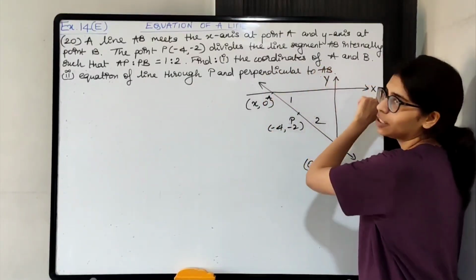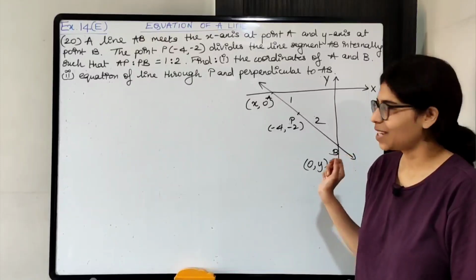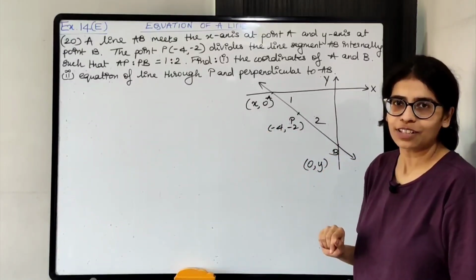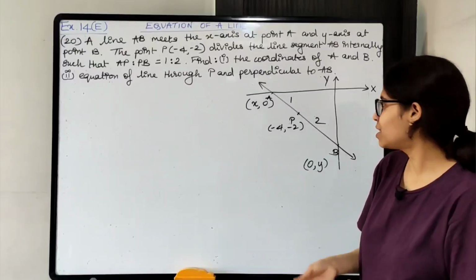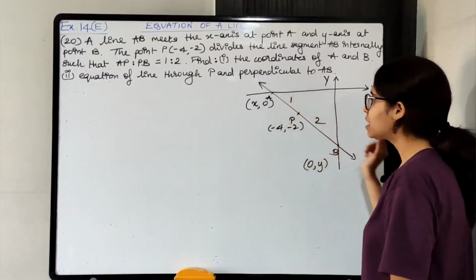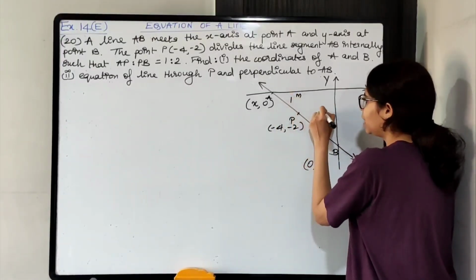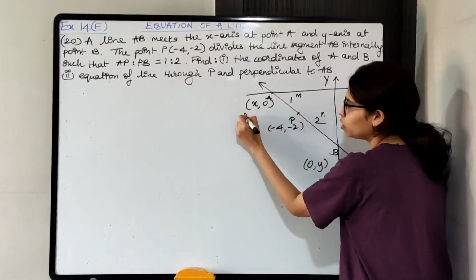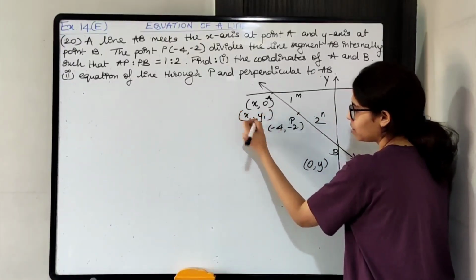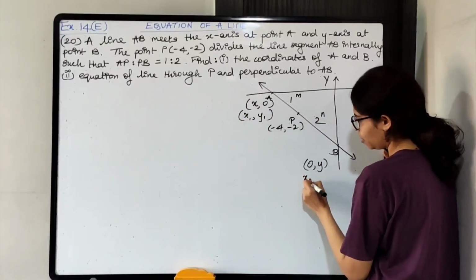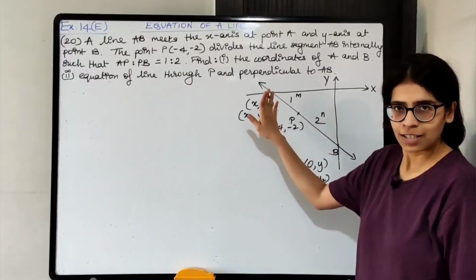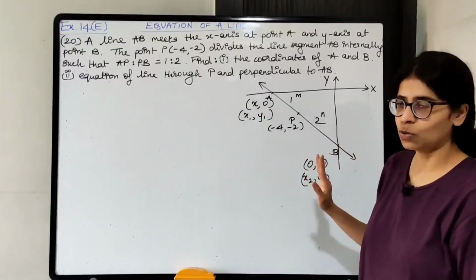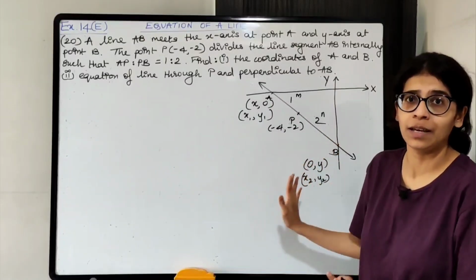First we need to find the coordinates of A and B. A and B का coordinates find out करना है. For that apply section formula because P is dividing in certain ratio, m and n पता है. You know the coordinates of the end points. Okay. Of course we don't know the exact values, but we know A का y coordinate 0 होगा, B का x coordinate 0 होगा. So find करना बहुत easy है.